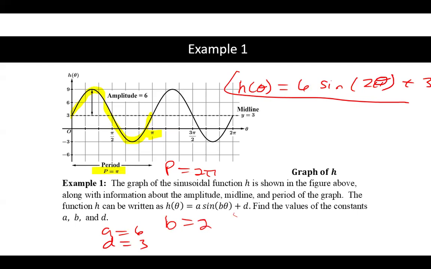And you can go backwards. So if doing this doesn't work for you, remember your period equals 2 pi divided by b, right? So if I know that my period is pi, when I set that up as an equation to solve, this equals pi over 1. How do we solve a proportion?